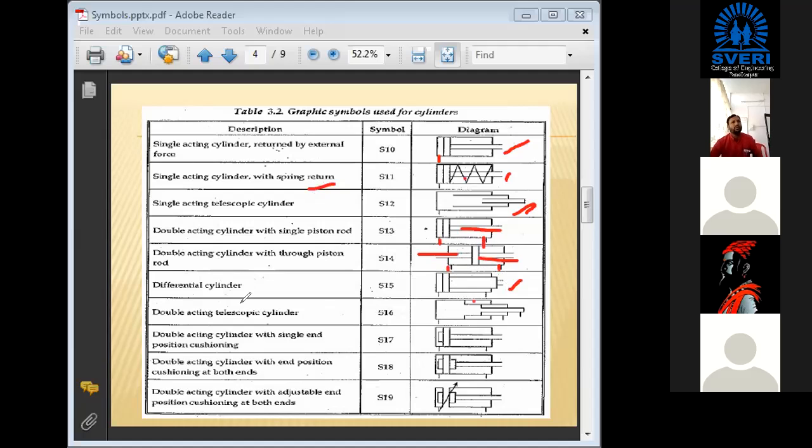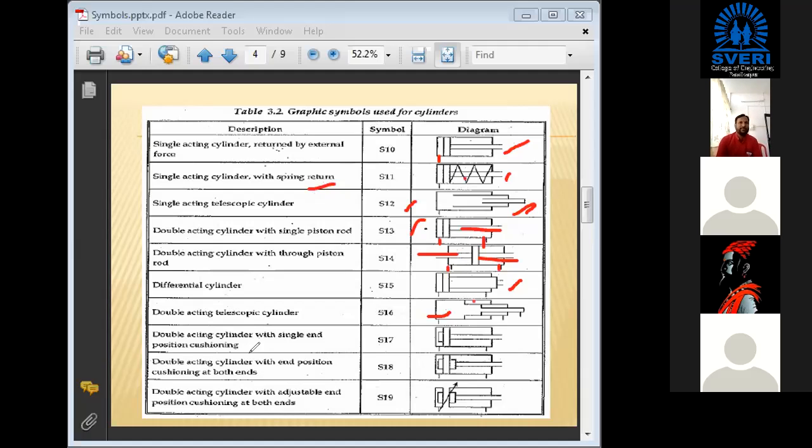Then to represent a double acting telescopic cylinder, this one was single acting and this one is double acting telescopic. Then a double acting cylinder with single end position cushioning; the cushioning effect is a separate topic in our unit number 1.